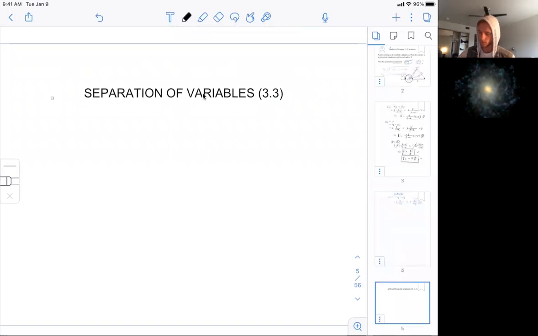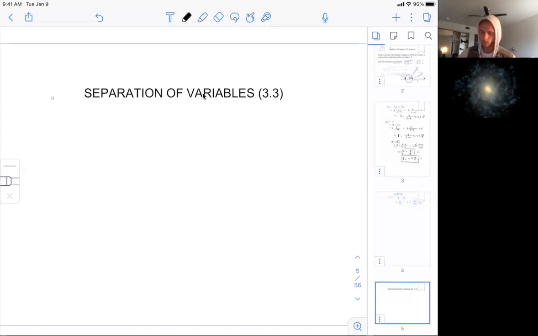The separation of variables is the idea that if your solution to your Laplace equation is a function of x times a function of y times a function of z, a product of those functions, then we will be able to separate these variables into their own differential equations to solve it.